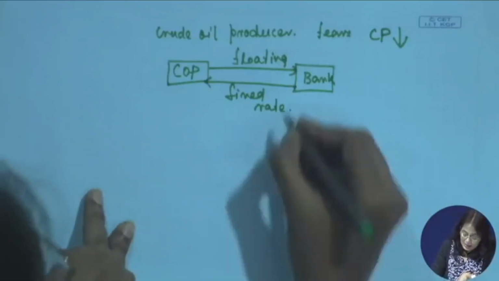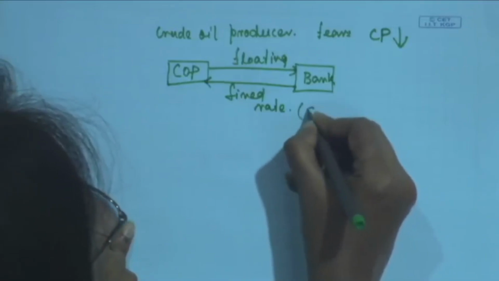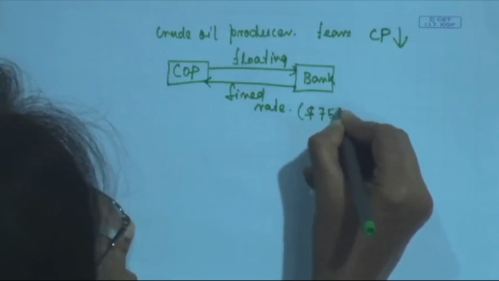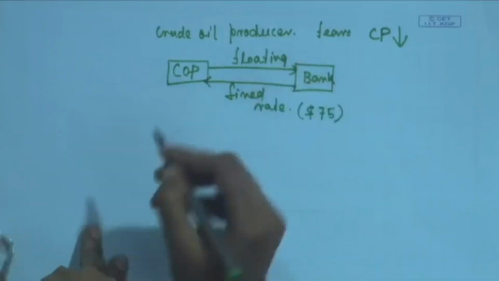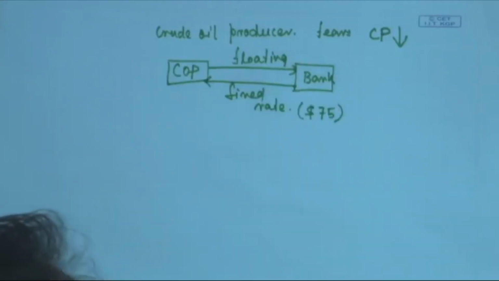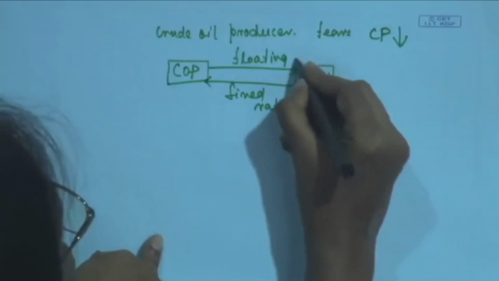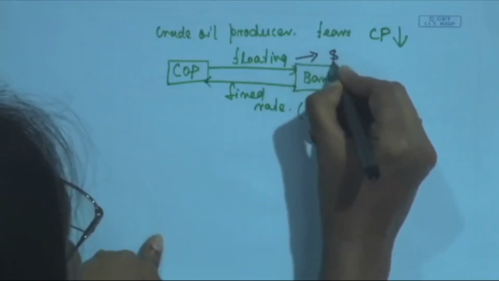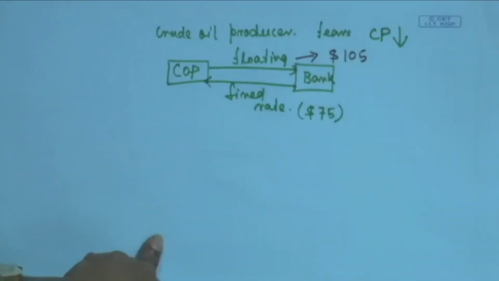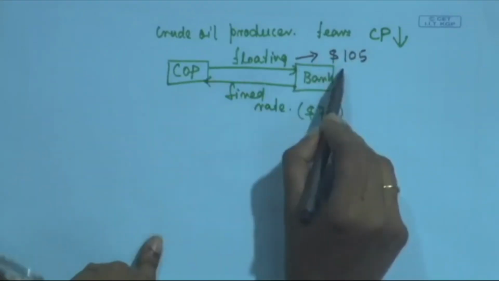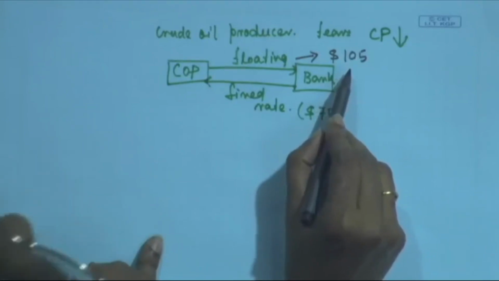Let's take an example quickly. Let's say the fixed price is $75. Suppose the floating rate increases, so 2 months down the line, the floating rate is 105. Without this contract, this crude oil producer would be selling his crude oil at 105.